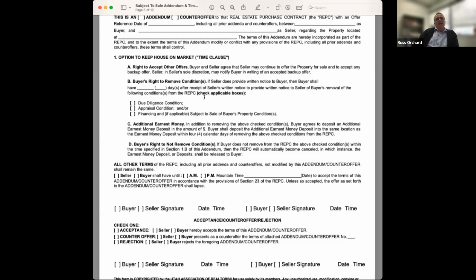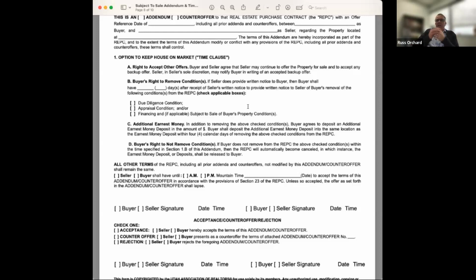This goes back early on in my career, but an agent in the office that I was working in had done a time clause. They got another offer in, they sent over the time clause, and the buyer then responded to remove their conditions. Back then it wasn't just 3 options here, there were 4: the due diligence, appraisal condition, financing, and then the last one was just the subject to the sale.